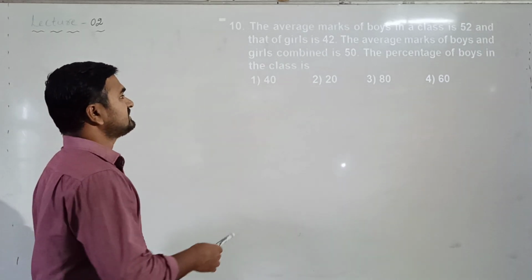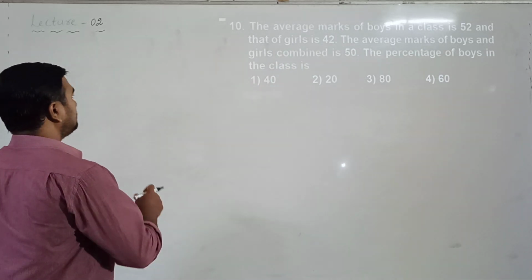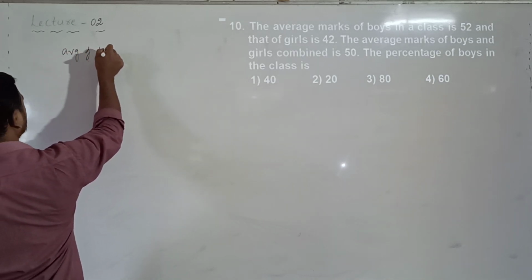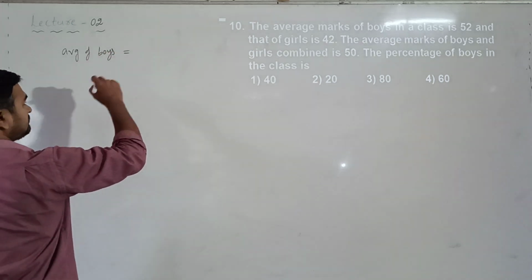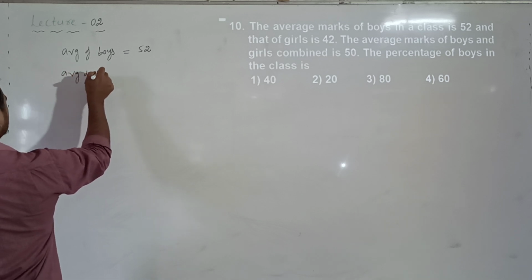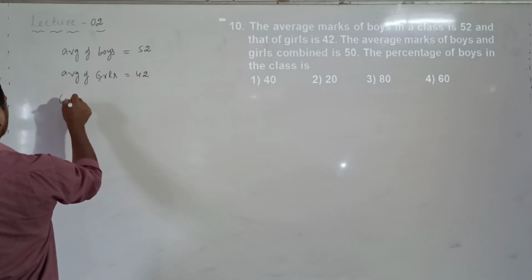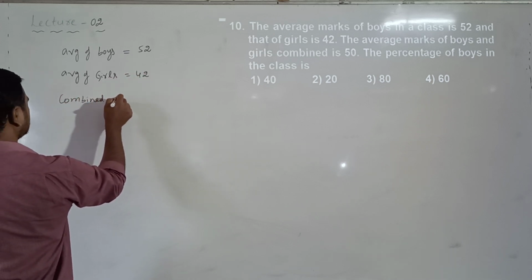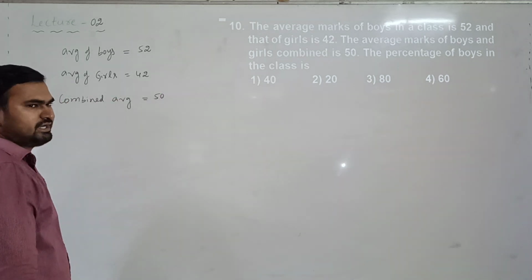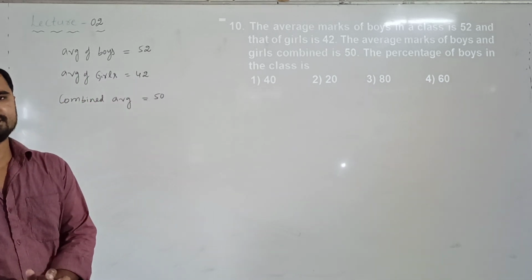See that the average marks of boys in the class is given as 52, the average of girls is given as 42, and the combined average is given as 50. Now we want to find the percentage of boys in the class.